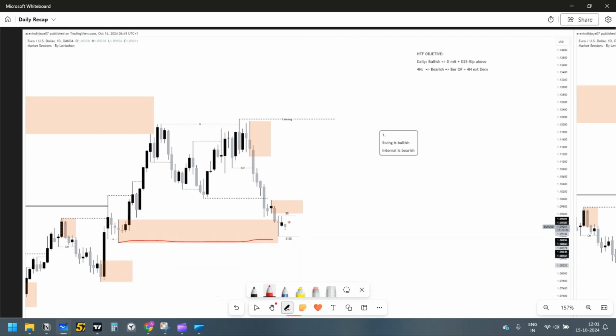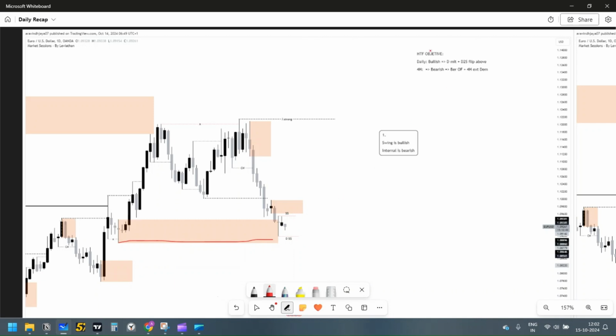So I can expect that the price can push up to tap into this supply and take some buy side liquidity before pushing down to take this sell side liquidity, because these are all inside work candles, right? So what I can expect is a bullish momentum followed by a bearish push. That's what I expected.